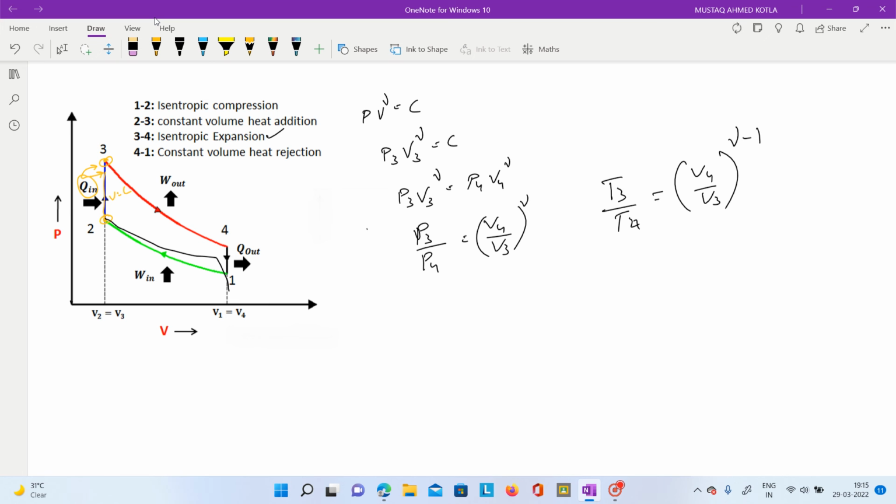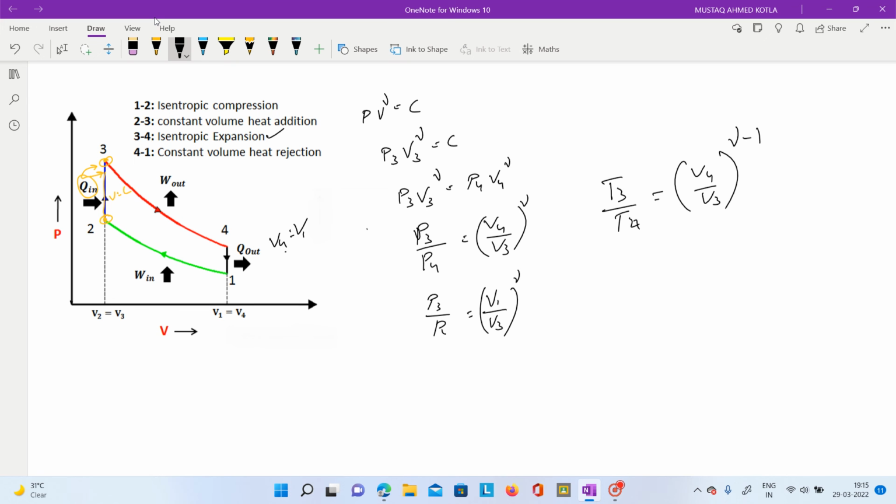How do we have to solve? We don't know V4, we don't know V3, but see, friends, V1 by V2, V1 to V4, it is a constant, right? V4 equals V1, so we can write P3 by P4 as (V1 by V3) whole power gamma.